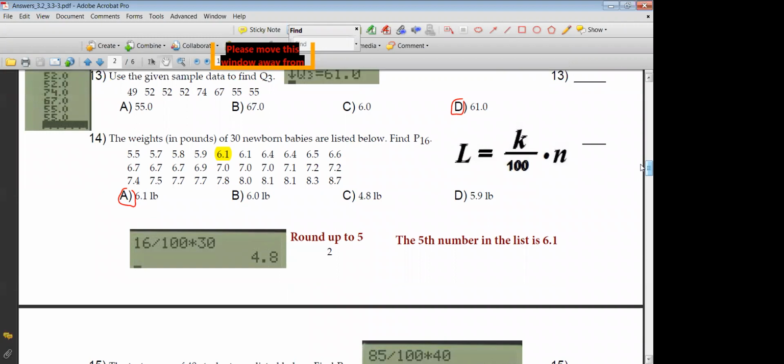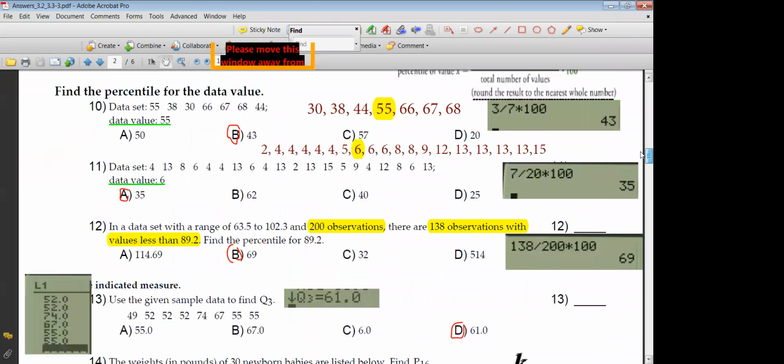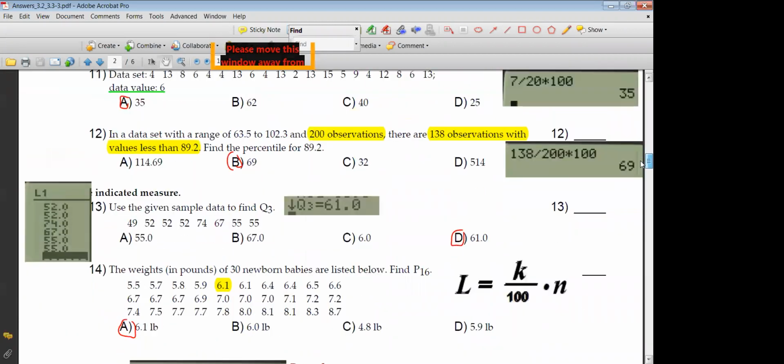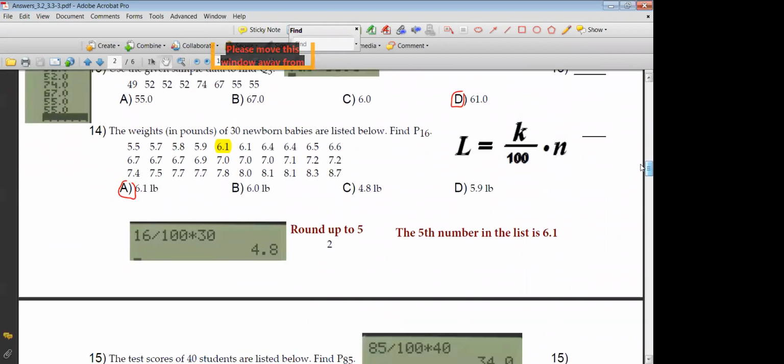All right, so in these examples, I gave you a value and I said, hey, what percentile or what quartile was it in? And then we flipped the script. Now I give you the percentile or the quartile, and I want to know what number fits those qualifications. You have a little formula here.